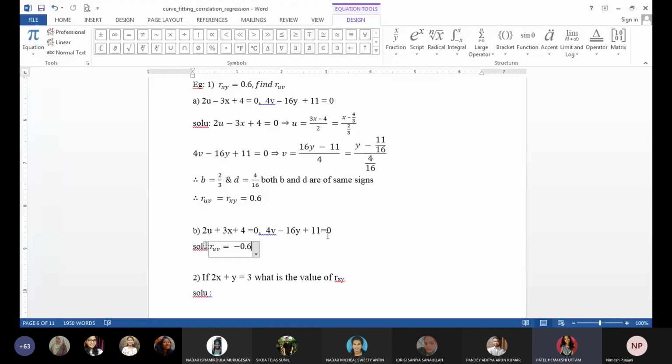Sir, in the second one, Rxy is -1. Yes, did anyone get the answer for sum number 2?